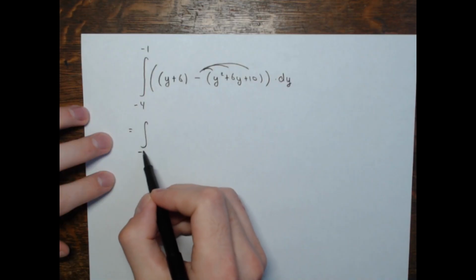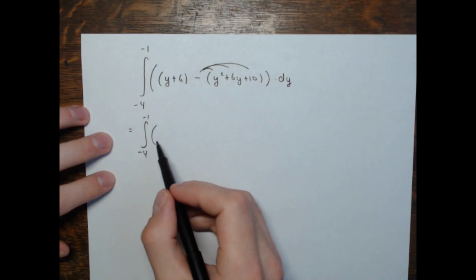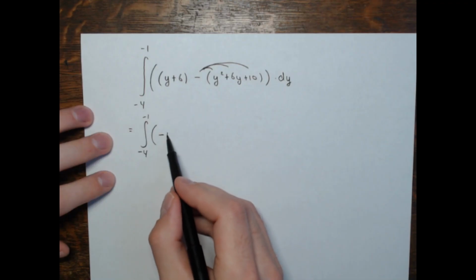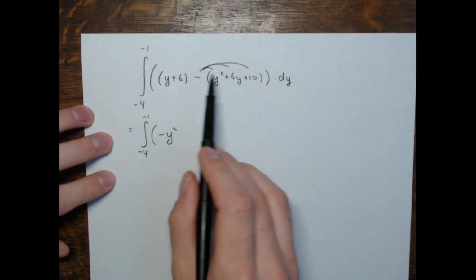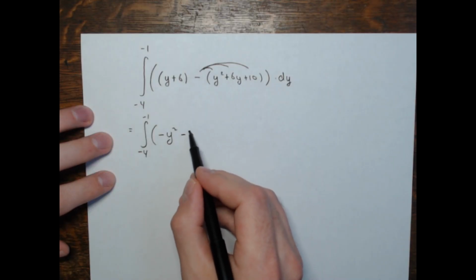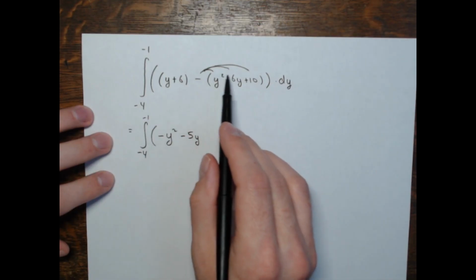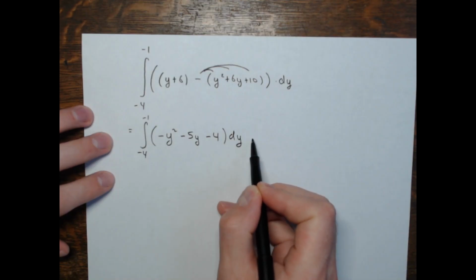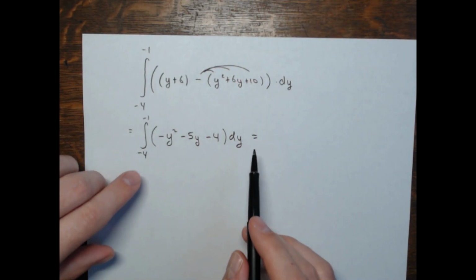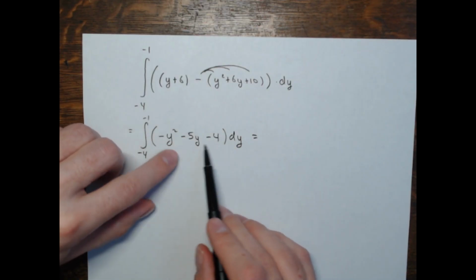So we got the integral from -4 to -1. You'd have negative y squared. I'm just going to put the lead term first, highest power to lowest power. Then minus 6y plus y here, there'd be minus 5y. And then you got 6 minus 10 for -4. And it's just a simple polynomial one. Again, it doesn't matter if these are all x or y or t's, right?